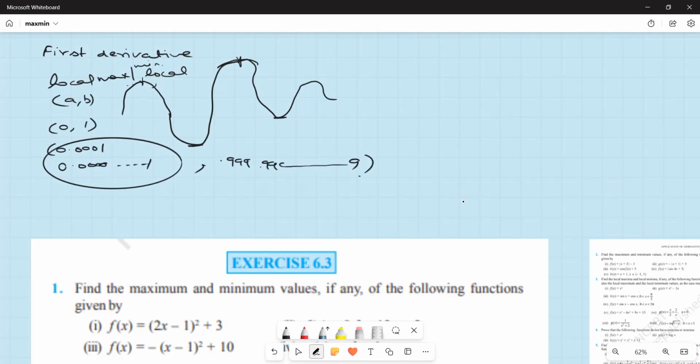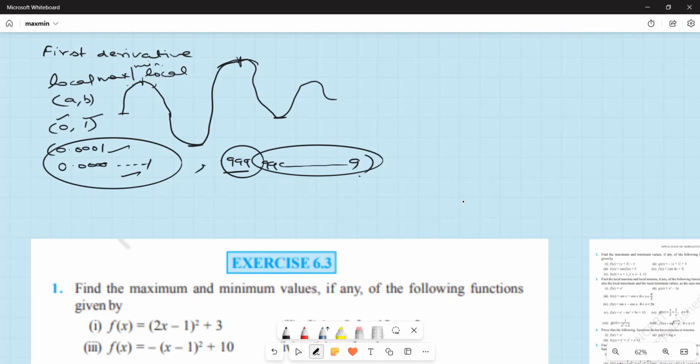So whatever the value at this point, it might be smaller than this, na? Here also the same thing. We don't know what is the point nearest to 0 and 1 and what is the value at that point. That's why we call it local. We are not sure whether it can be more or less. Okay?